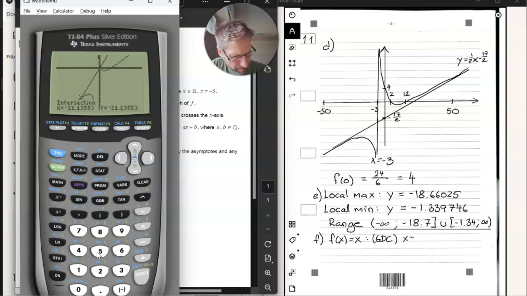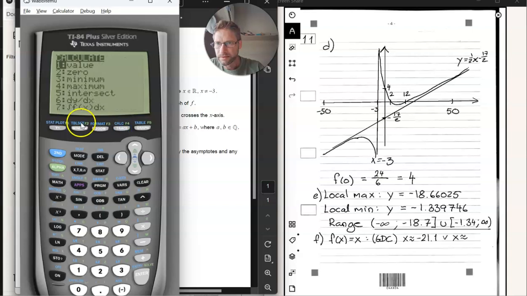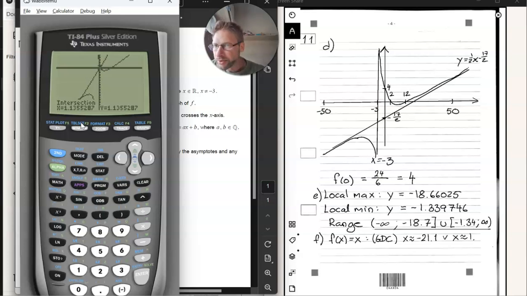That's when x is approximately minus 21.1, or I'm also going to find the other one, calculate 5 intersection, first curve, second curve, and then somewhere out here, when x is approximately 1.14, rounded to 3 significant figures.